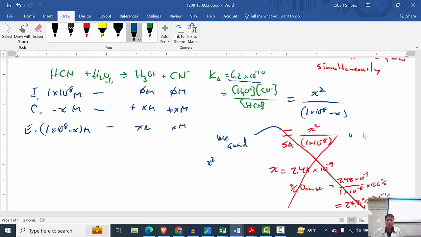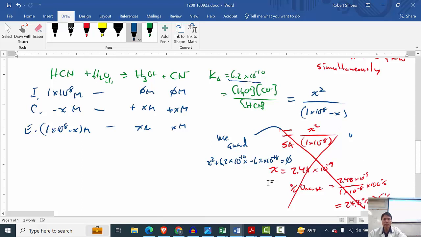Which means we're going to get x squared plus 6.2 times 10 to the minus 10 x minus 6.2 times 10 to the minus 18 is equal to 0. Let's see, 10 to the minus 10, 10 to the minus 8, 10 to the minus 18, yeah. Alright, then we're going to go to the quadratic solver and solve it.